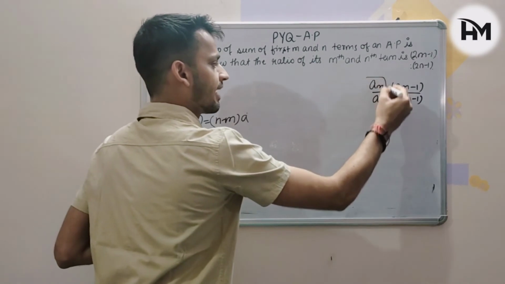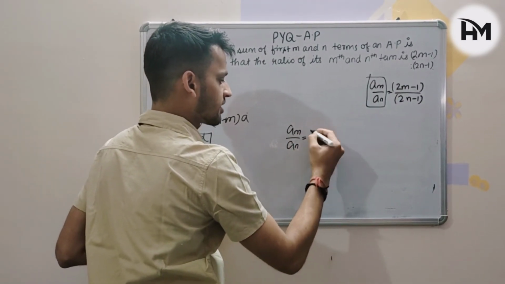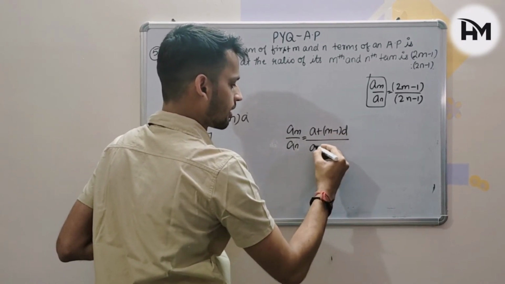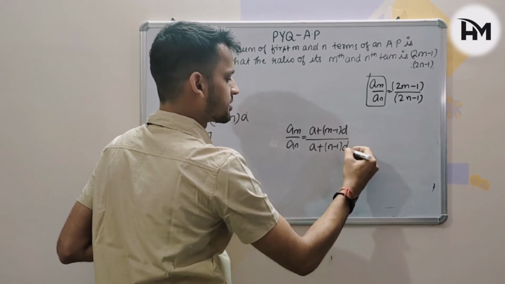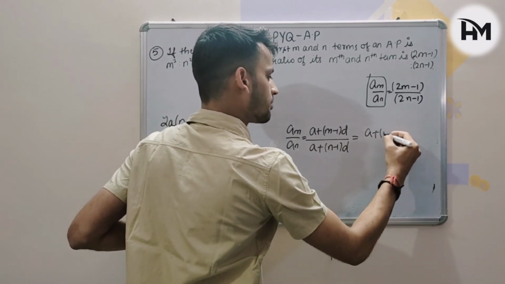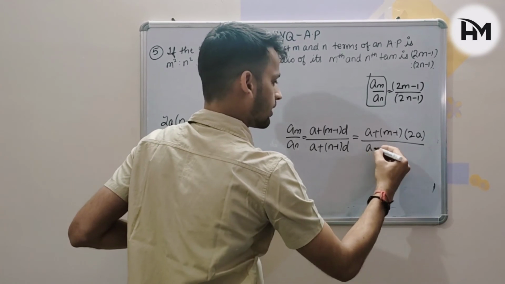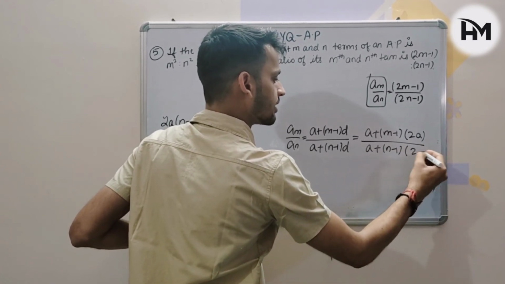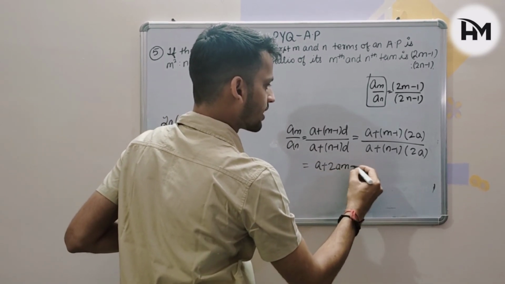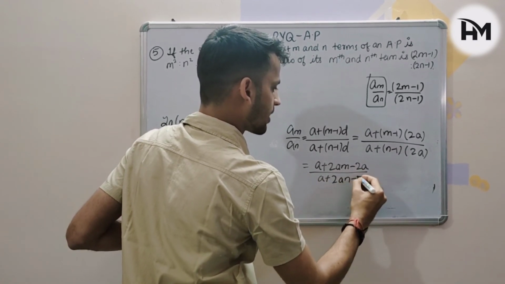So what I need to do now is calculate am upon an. So what is am? a plus m minus 1 times d upon a plus n minus 1 times d. In place of d we will put 2a. Solving this gives a plus 2am minus 2a upon a plus 2an minus 2a.